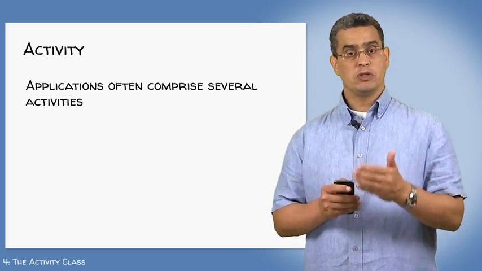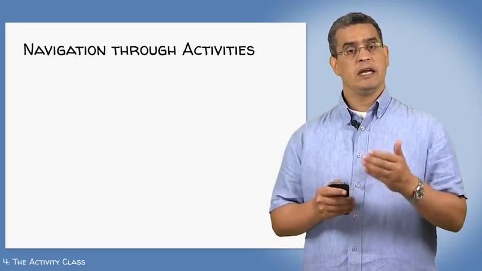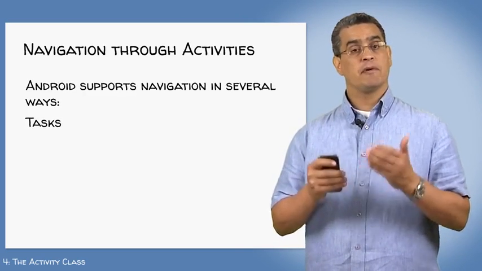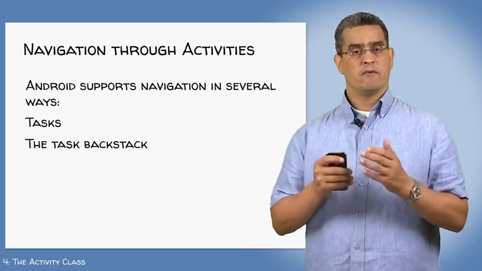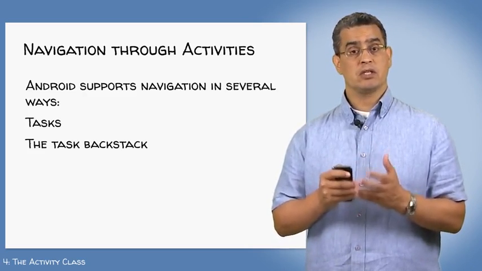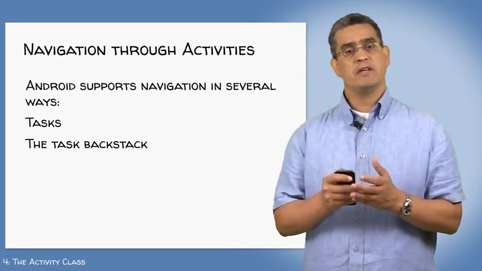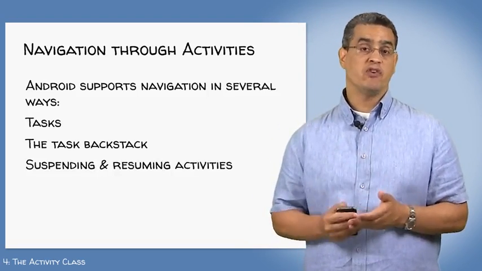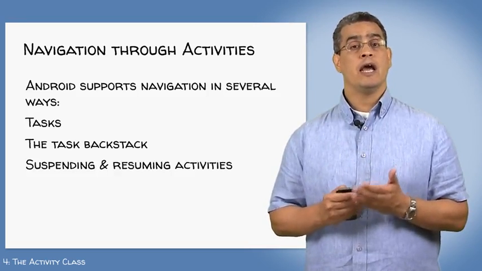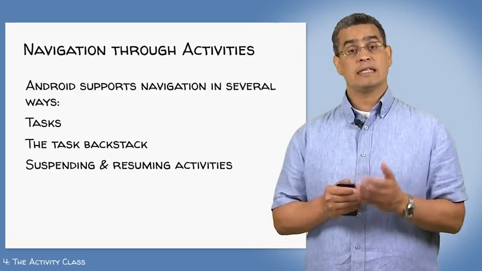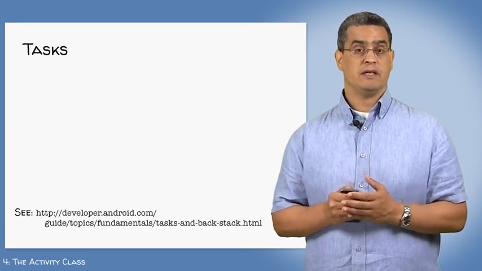And Android helps users do this navigation in a couple of ways: by supporting the concept of tasks, by providing a task backstack for managing the specific activities through which the user is navigating, and by ensuring that activities are properly suspended and resumed as they're pushed on and popped off the task backstack. In Android, a task is simply a set of related activities.